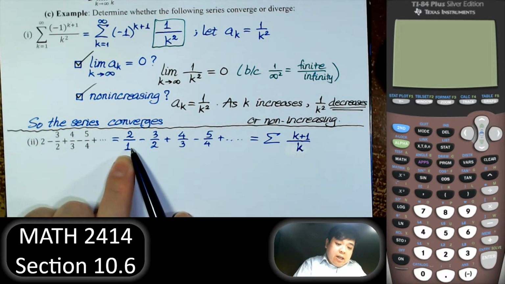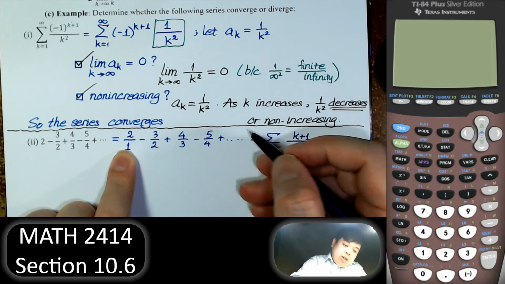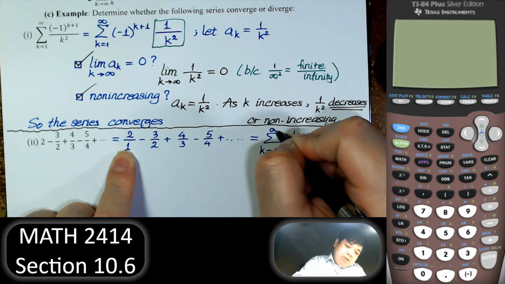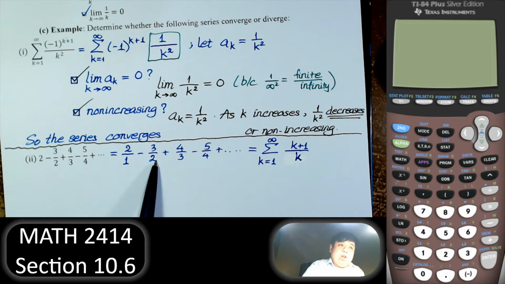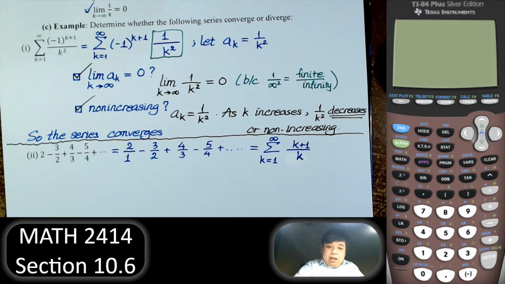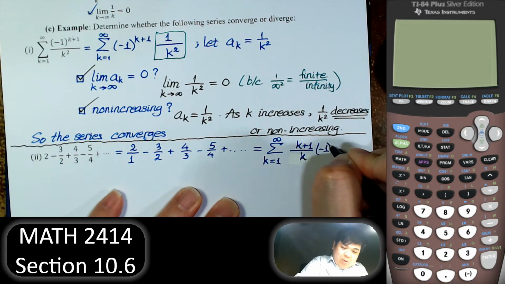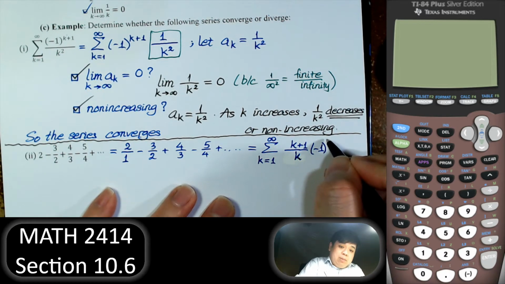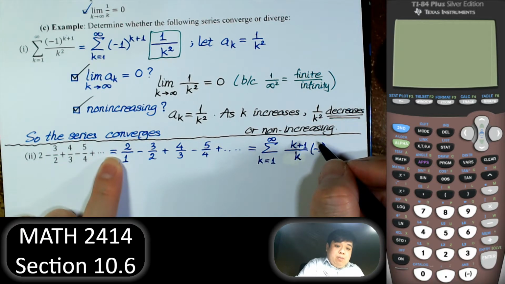Next, the first one is the bottom where k equals 1. So this series, we start from k equals 1 to infinity. So that takes care of all the numbers: 2 over 1, 3 over 2 when k equals 2, 4 over 3 when k equals 3. Now, the signs, we can say -1. Now, the power here, I can put k, k minus 1, k plus 1, but the first one has to be positive.